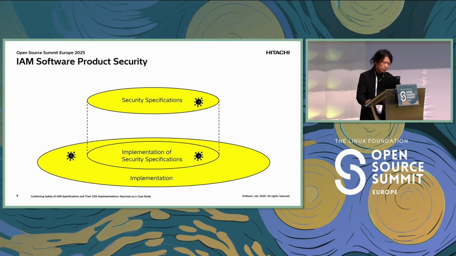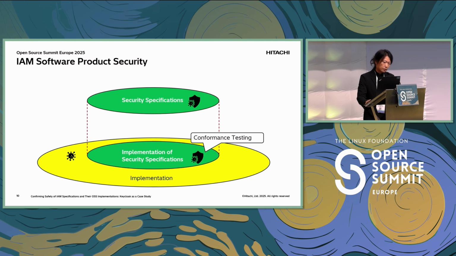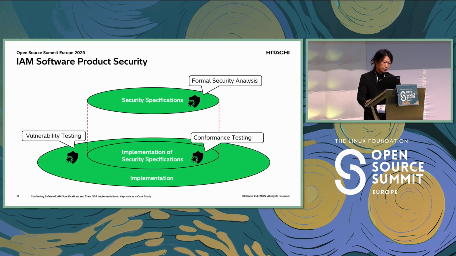As just mentioned, considering IAM OSS security, there are three types of vulnerabilities, and by applying these three types of methods, we can identify those types of vulnerabilities.